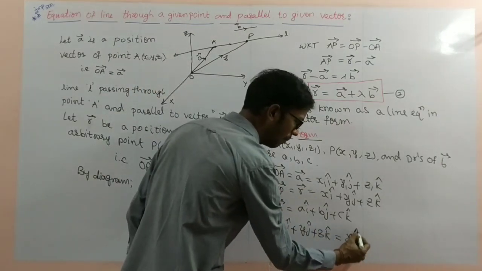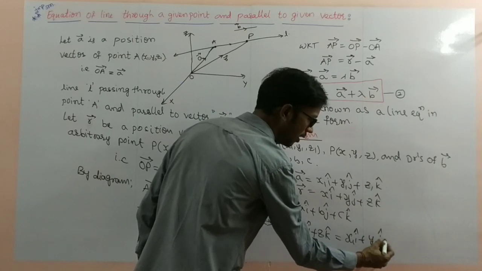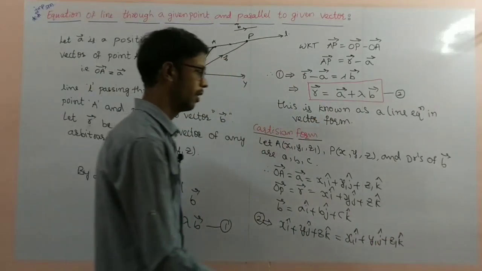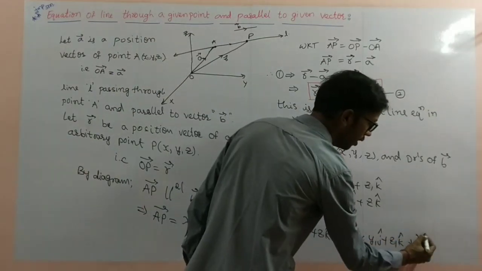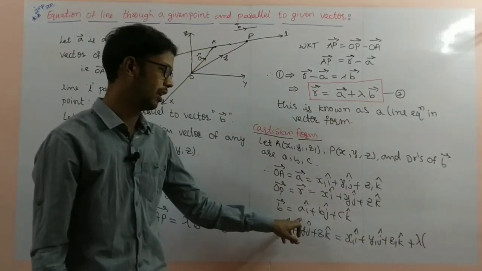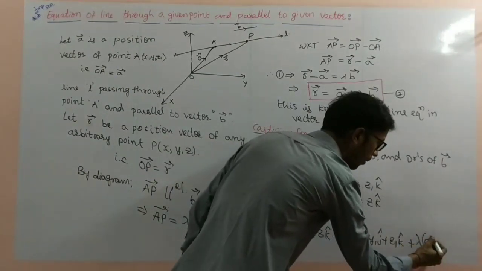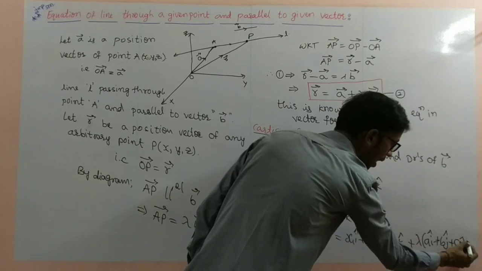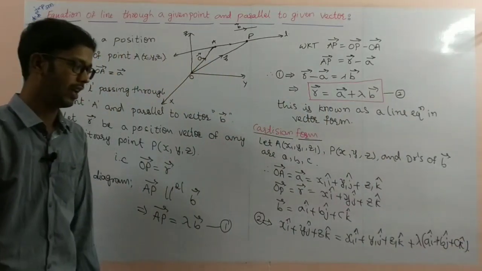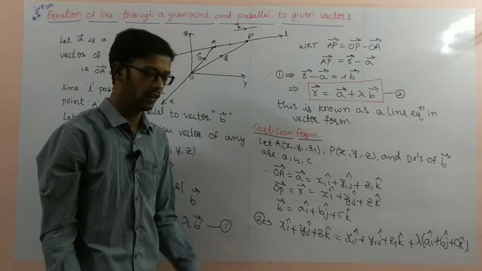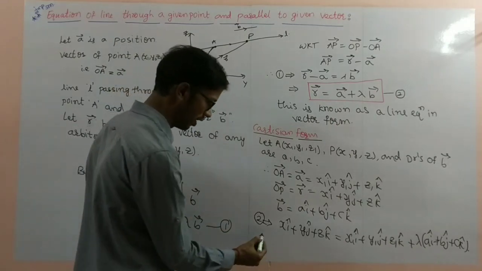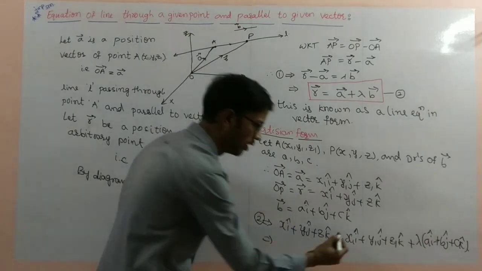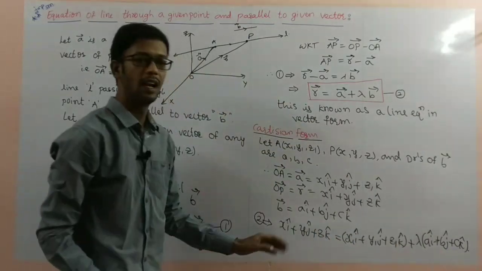A bar is x1 i cap, y1 j cap, z1 k cap, plus lambda into (a i cap, b j cap, c k cap). If you simplify here, send the A bar vector to the right side.